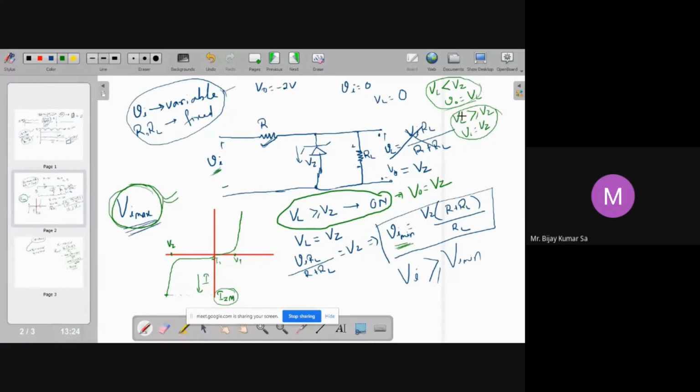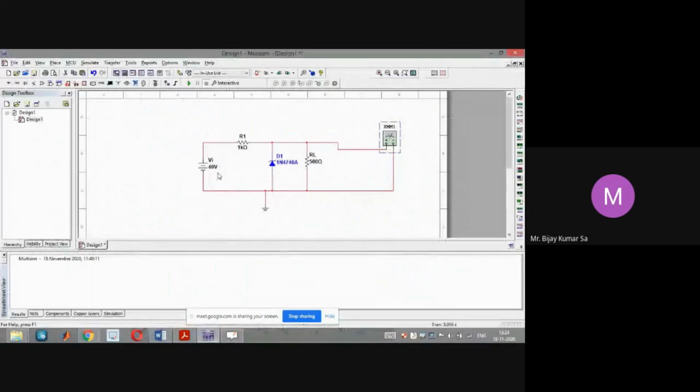So since we have given here in this simulation Vi is equals to 40 volt, that means Vi is already greater than Vi minimum. That means it is same as saying VL is greater than VZ. When VL is greater than VZ or VI is greater than VI minimum, then already the zener diode is turned on.